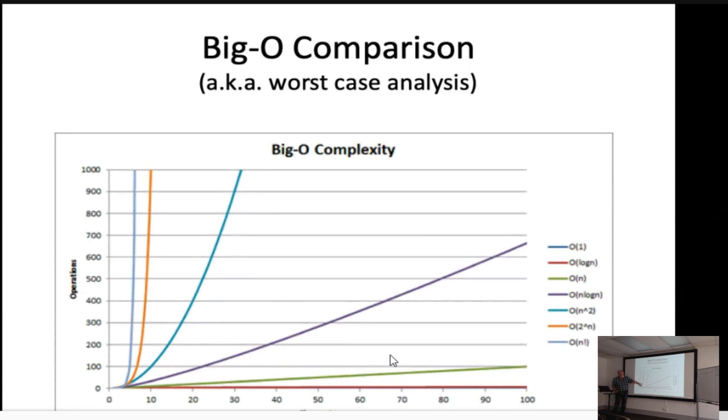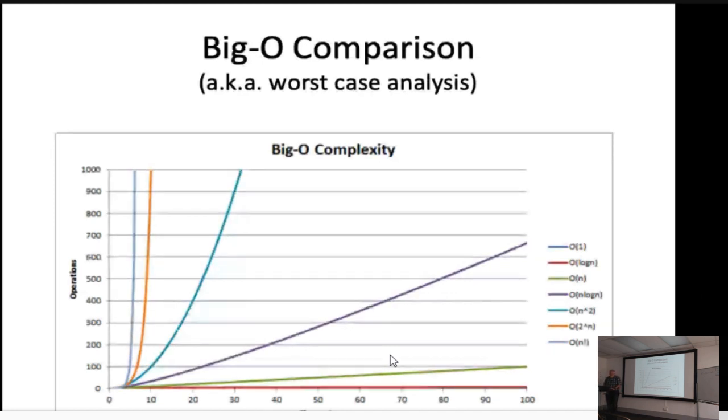The orange one here, this is 2 to the n, which is huge numbers. We'll look at in just a moment exactly how big that number is. It's massive. And then the blue one is n factorial. I can't even calculate that one because we don't have enough time in our lifetime to do that.